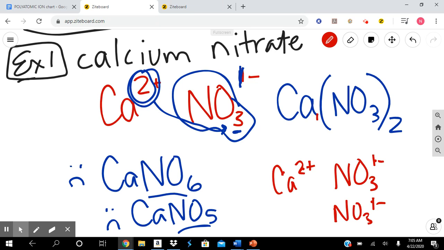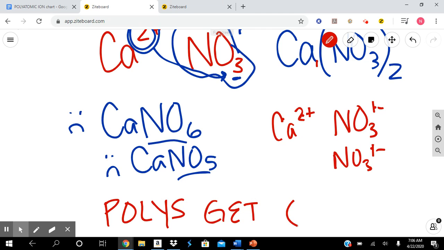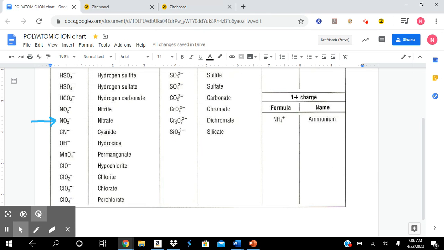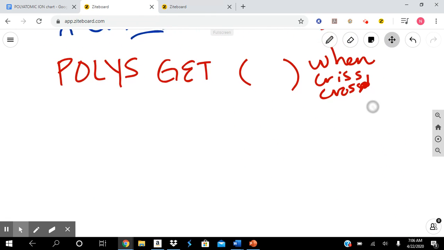So the take-home message, or what we normally write to help us understand this, is polys get parentheses when crisscrossed. So if you're looking at something from this chart and you have to give it a subscript, it has to go in parentheses. Okay, so polys get parentheses.